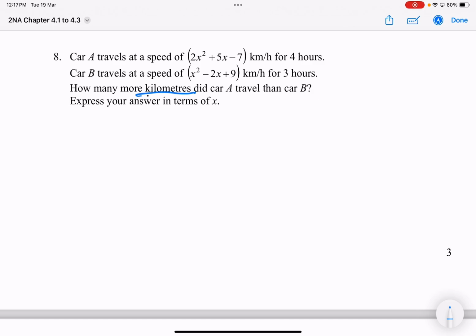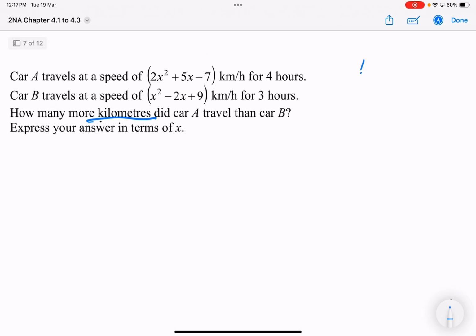Now, this is a speed time question. Whenever you see a speed time question, the first thing is to always draw out the triangle to help us.